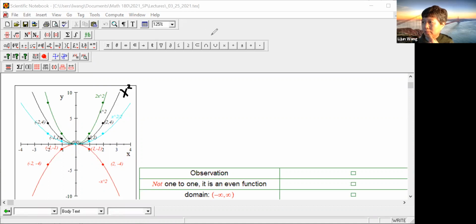And the green, 2 times x squared. Half x squared. Last but not least, negative x squared.